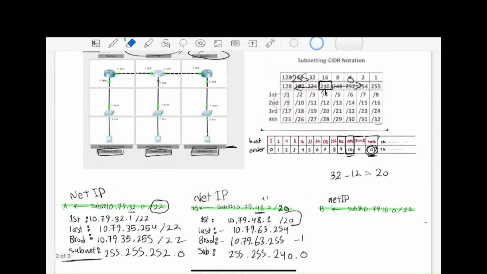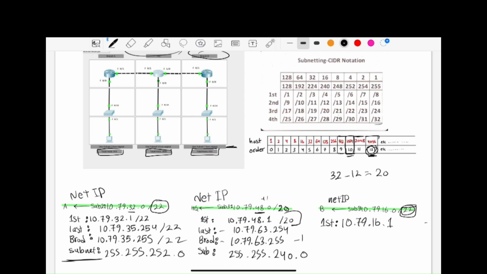We have one more network to go. First, let's get done with the easiest part. 10.79.16, adding 1 will give us the first usable. Right now, let's find the next network IP.